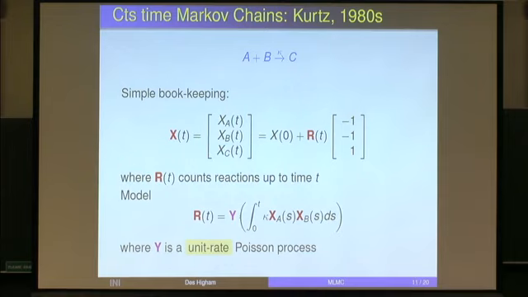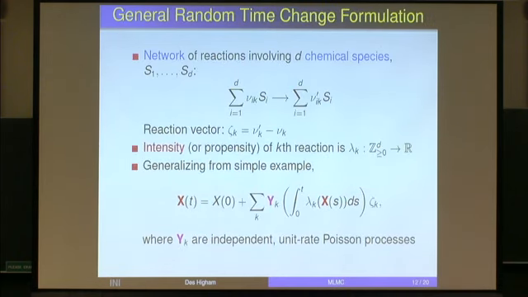So this is equivalent to the usual Gillespie style or chemical master equation style formulation. That's the case for one single reaction, and of course it generalizes. So here's a quick overview of the general case, this random time change formulation.